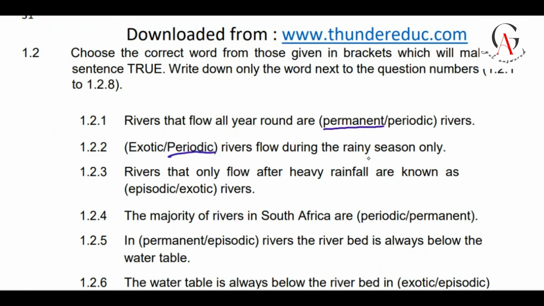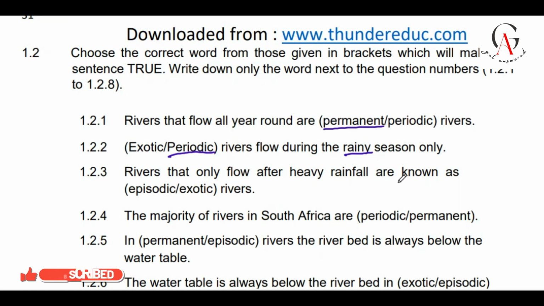They are periodic because they flow in a given period of rain. That's why they are not like the permanent rivers. Permanent rivers do not have a season. They flow all the time. But periodic rivers have a certain period when they are supposed to flow.